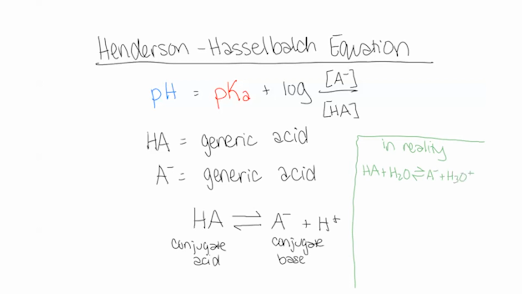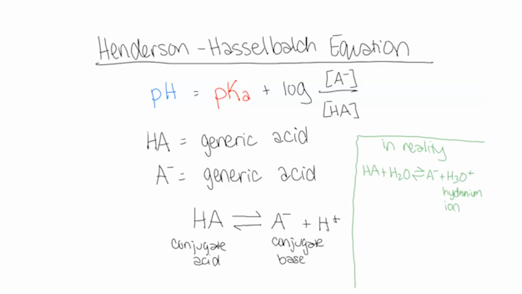This is what we call a hydronium ion. Those protons aren't just freely floating around. They're going to latch on to one of those water molecules, giving you this hydronium ion.